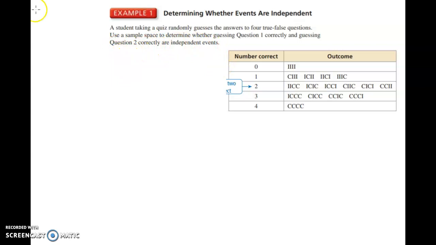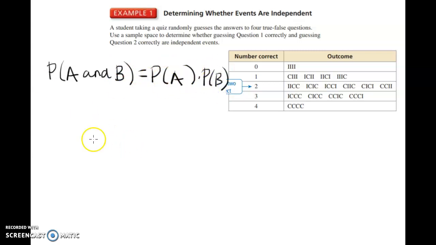The way we're going to do that is remember from the last page that the probability of A and B must be equal to the probability of A times the probability of B. Getting question 1 right is the probability of A. Getting question 2 right is the probability of B. And getting both of them right is A and B. So we're going to first figure out the probability of A, then the probability of B, then the probability of A and B, and then see if we multiply these together, would we get this one?